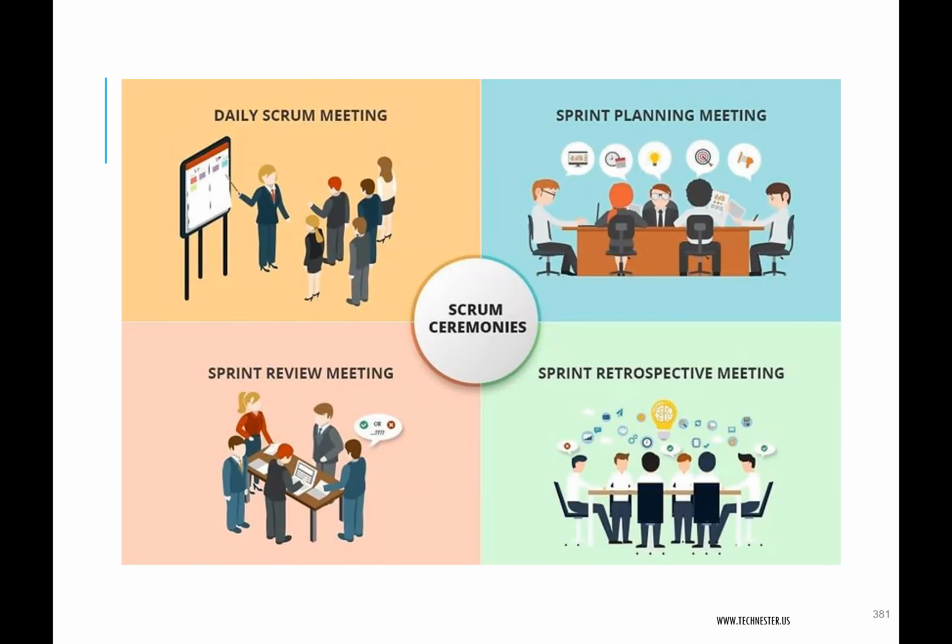So let's recap. In Scrum, every day, the Scrum team is supposed to have what is called a Scrum meeting. The people that must be in this meeting are the developers and the Scrum master.